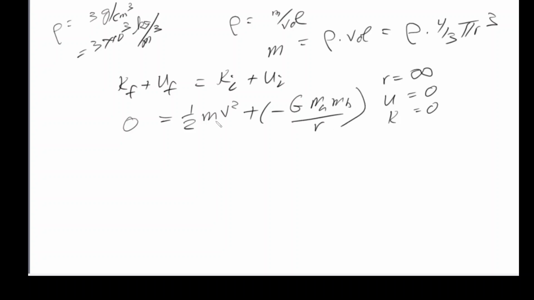And this is actually the mass of the ball. So these cancel out, and we get 0 is equal to 1/2 v squared minus G, mass of the asteroid, over r, or 1/2 v squared is equal to G, mass of the asteroid, over r.